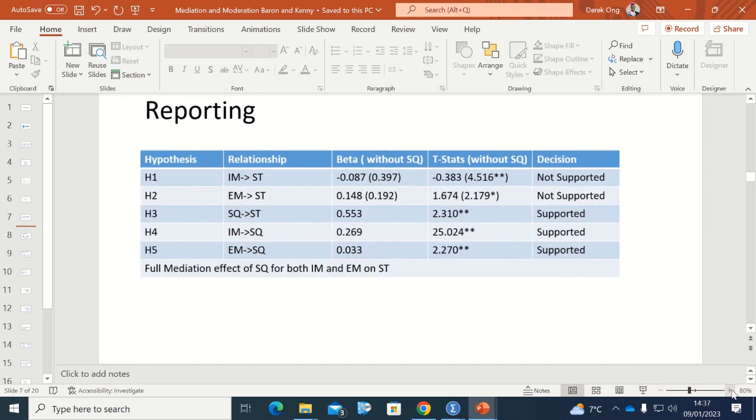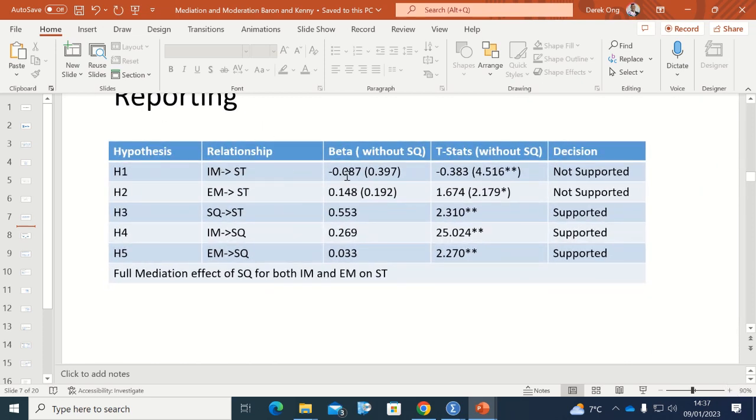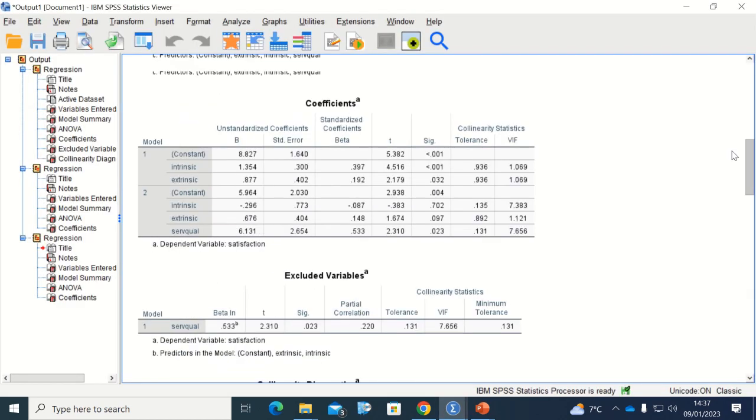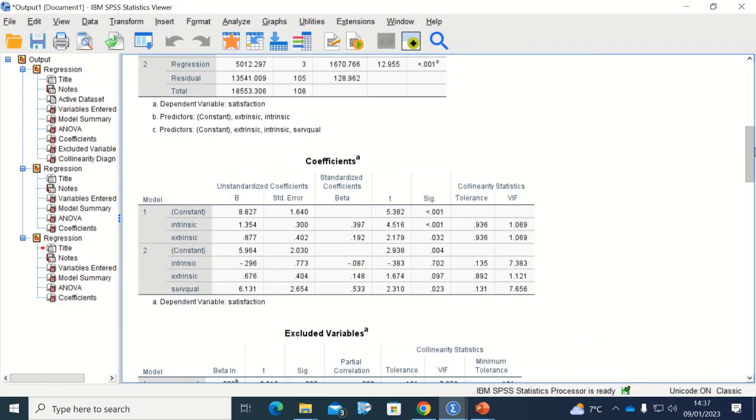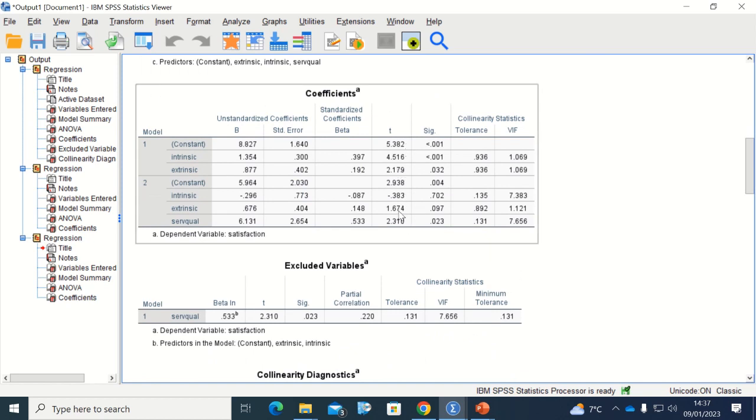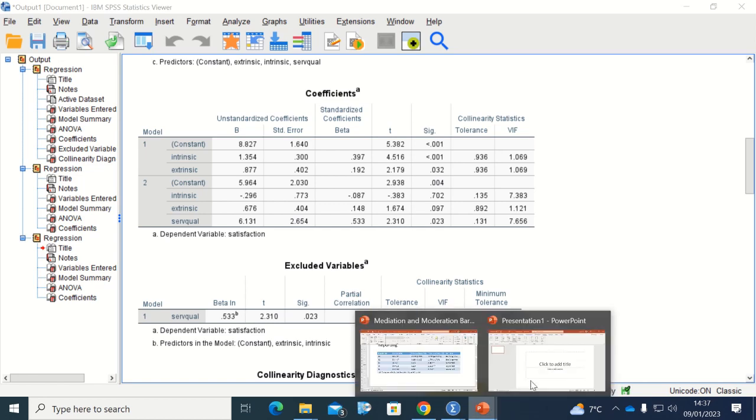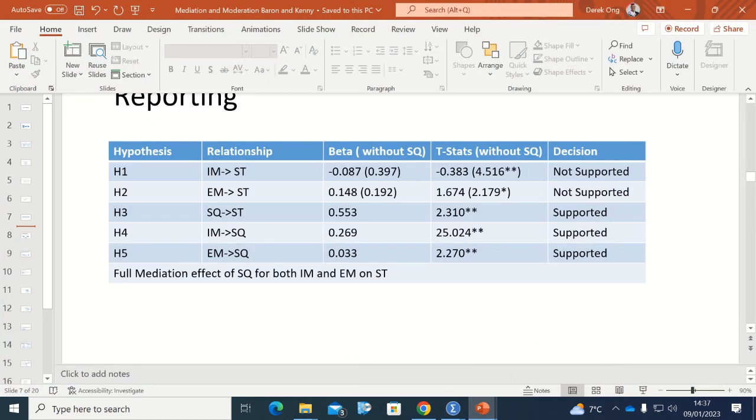What you need to do is make sure that you show the beta without the mediation, and the beta with the mediation, which is negative 0.087 and 0.148. Without the SQ, which is the direct relationship, the t-stats and the betas are 0.397 and 0.192.